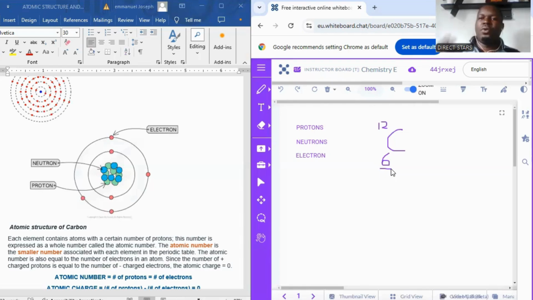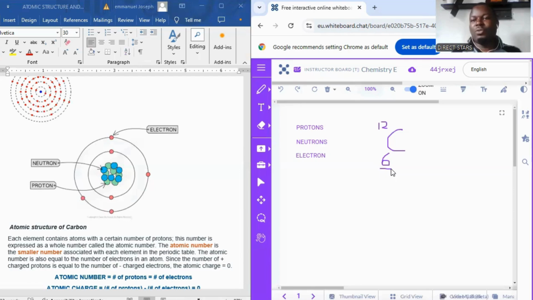Okay, so when you discover a particular element and the number of protons there is 6, you already know that element is carbon. Okay, so that is how we identify elements.